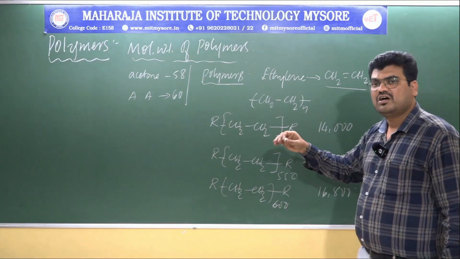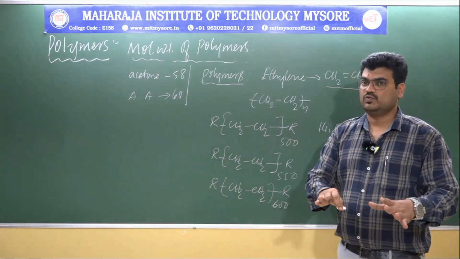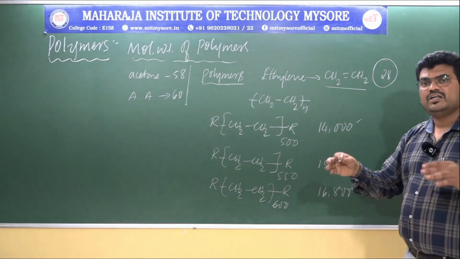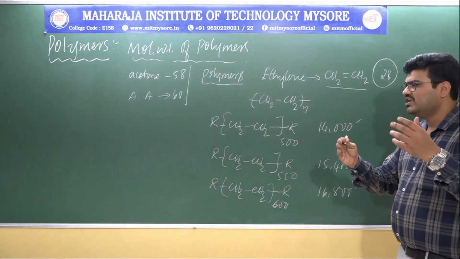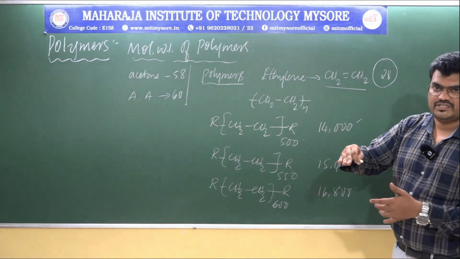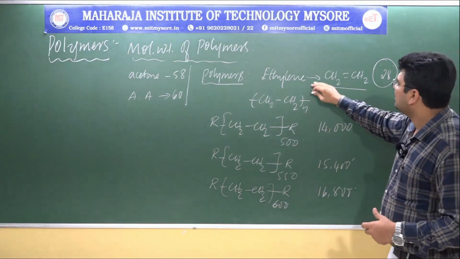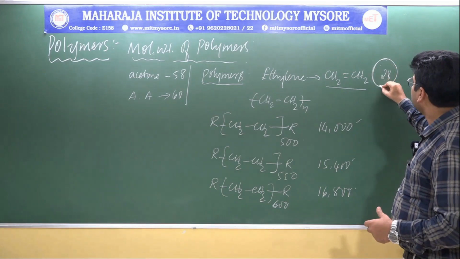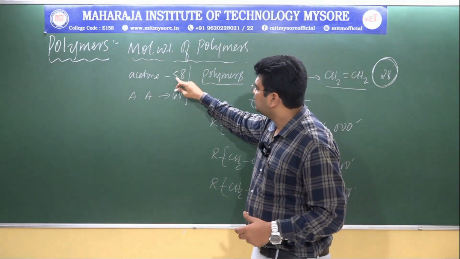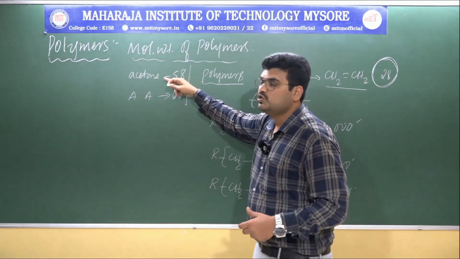But yet they are all very much polyethylenes only. Even though the molecular weight changes, they are all polyethylenes only. They consist of n number of polymer chains of different sizes and different molecular weights, right? Whereas in low molecular weight compounds, there is a definiteness in the molecular weight. If the molecular weight changes from 58 to 60, it is no longer acetone.